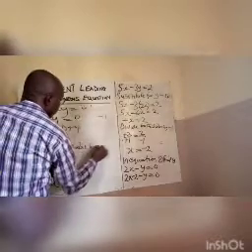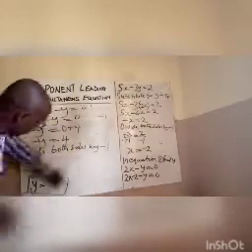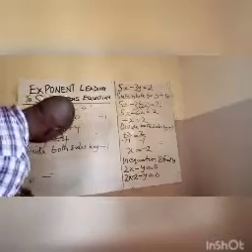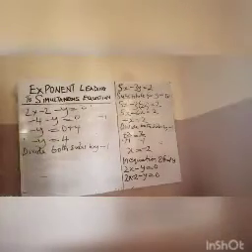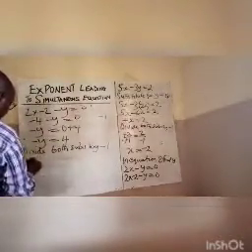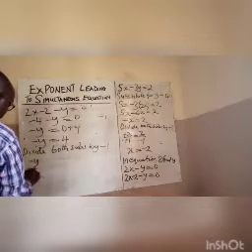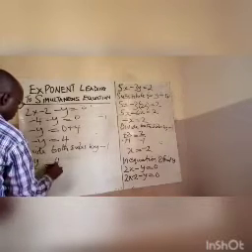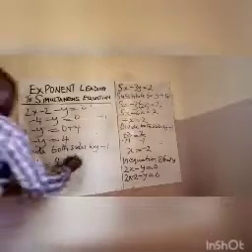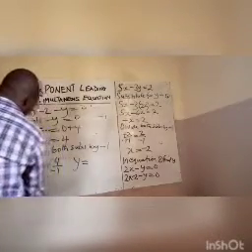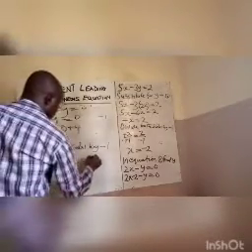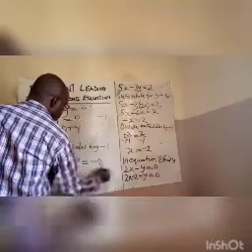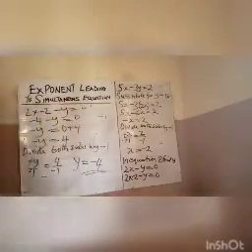We are looking for y, not minus y. Minus y over minus 1 equals 4 over minus 1. So y will be equal to minus 4.